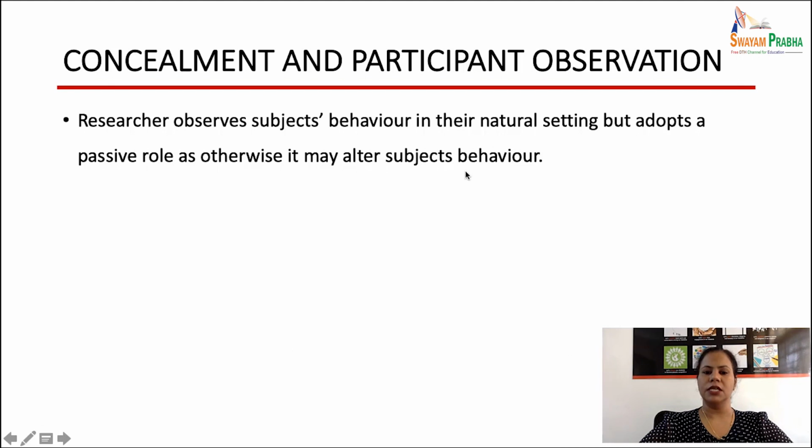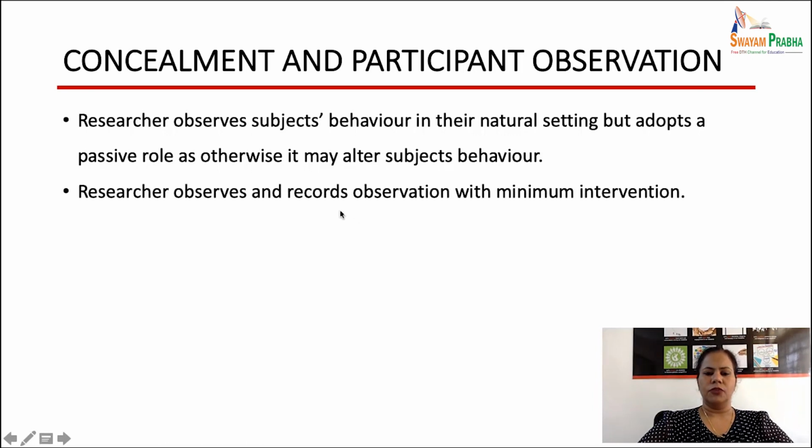The researcher is part of the group, and he observes their behavior in their natural settings. He observes and records with minimum intervention, recording whatever he observes.